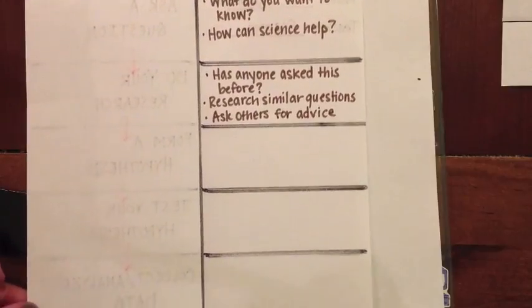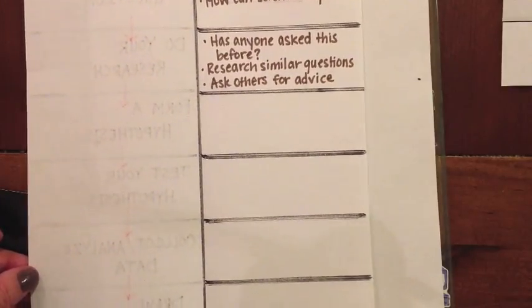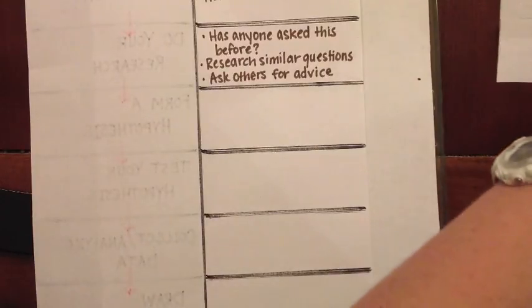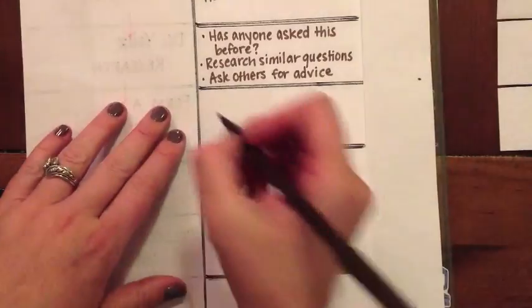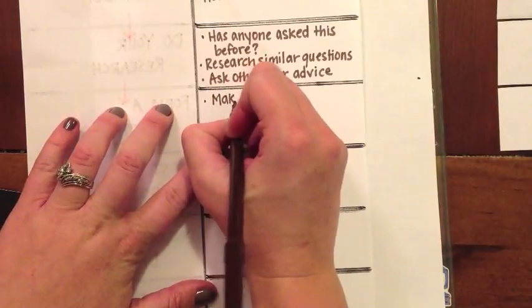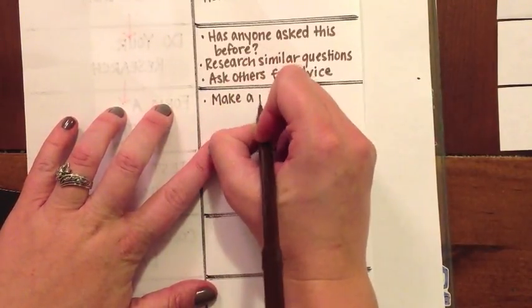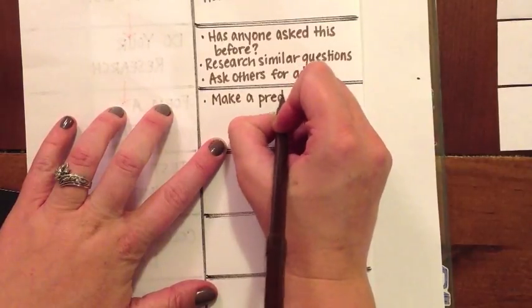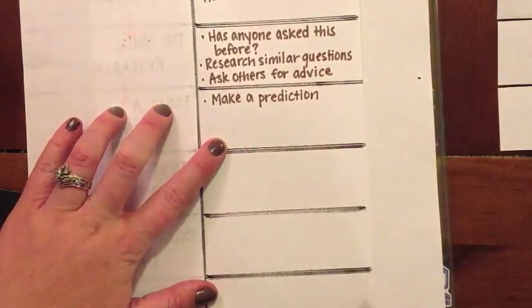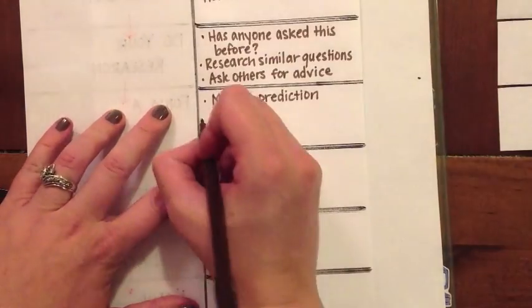Alright, once you've done your research, you now need to form a hypothesis. When you form a hypothesis, you make a prediction. And there's a special type of statement that we will be using when we make our predictions.